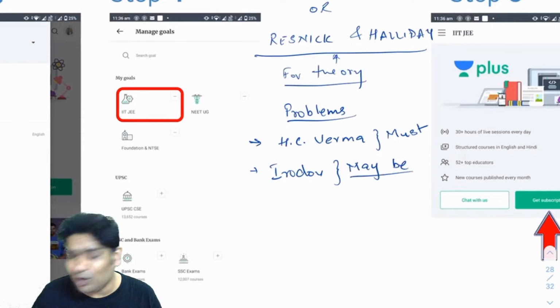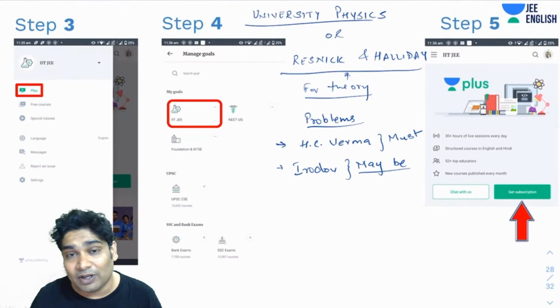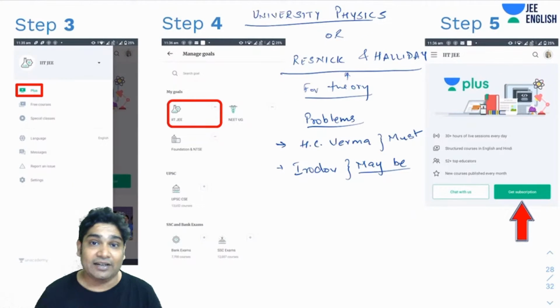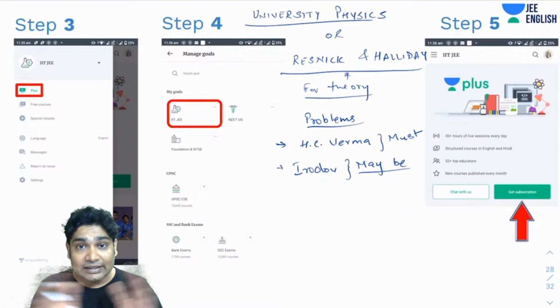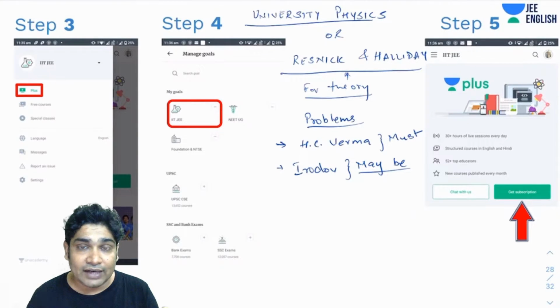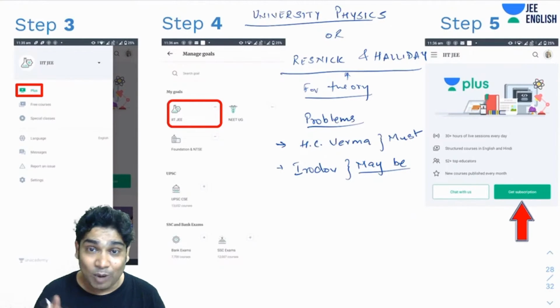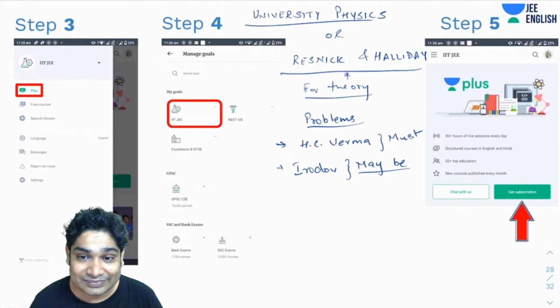Even if you don't solve Irodov, that is perfectly all right. See, we guys used to solve Irodov because when I took JEE, JEE was subjective. So there you had lengthy problems, complex problems, and I think we were given at least 10 to 12 minutes to solve one problem. So there, the kind of problems that were asked, it was important for us to solve Irodov.